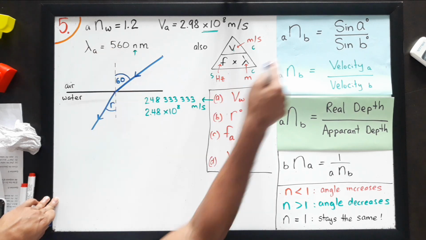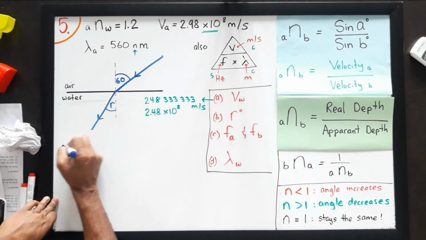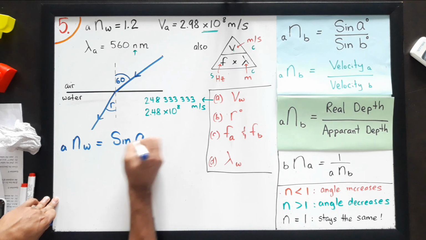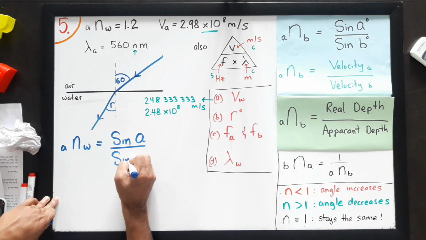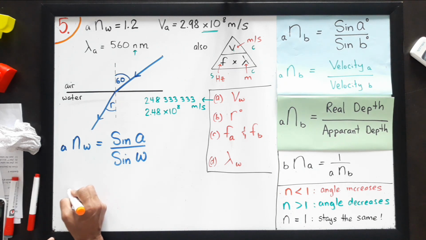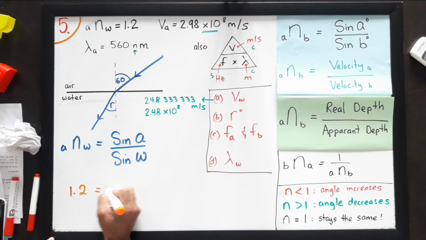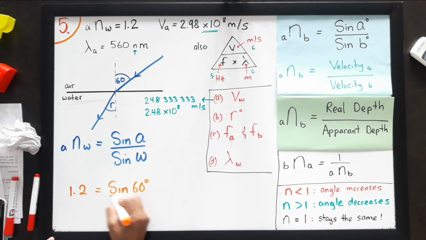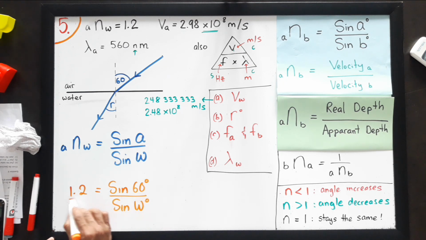That should be easy too. We're going to use the first formula. ANW is sine of the angle in air divided by sine of the angle in water. This one should be super easy for you guys. ANW is how much? 1.2. The angle in air is 60 degrees, and we're trying to find the angle in water.